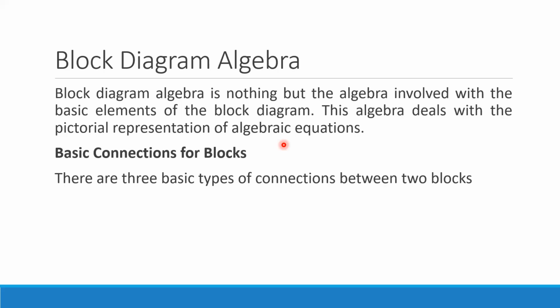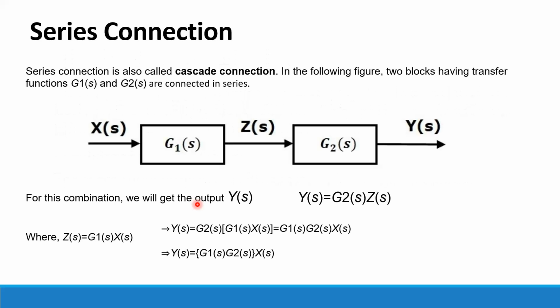So there are basic three equations, or you can say there are basic three connections for blocks. Number one is your parallel block, then there is your series, then there is your feedback type of basic connections for blocks, and we'll study them one by one. So the first one is the series connection. This series connection has two blocks connected in series with each other.